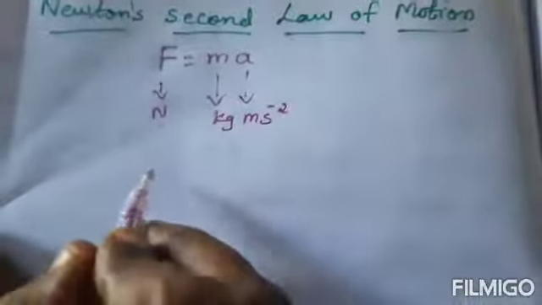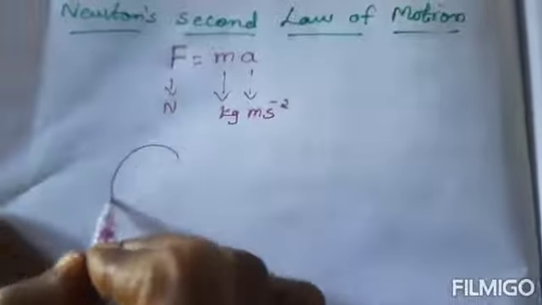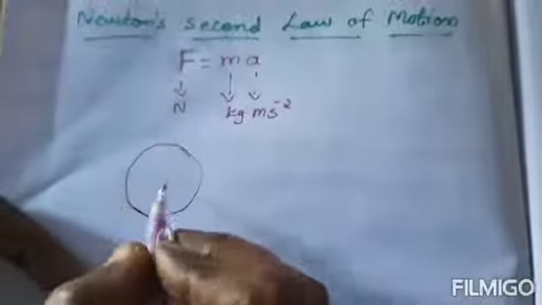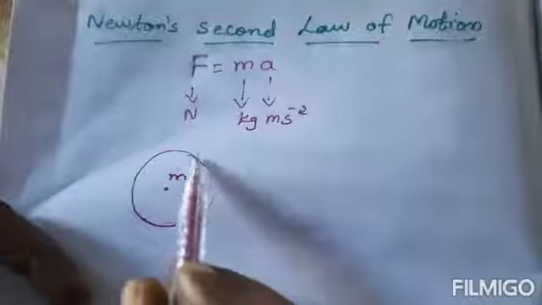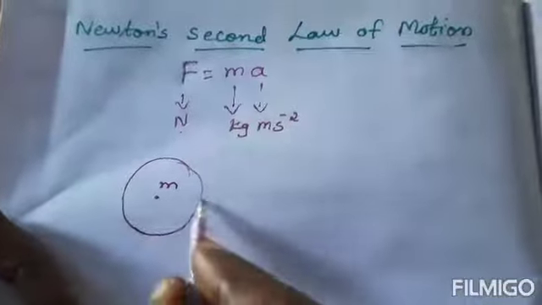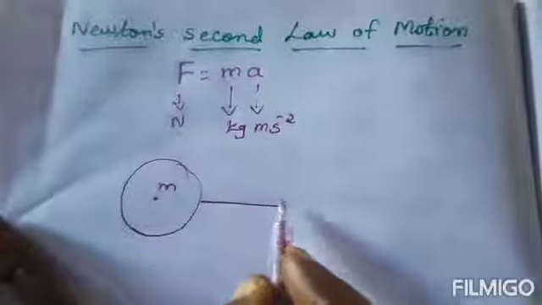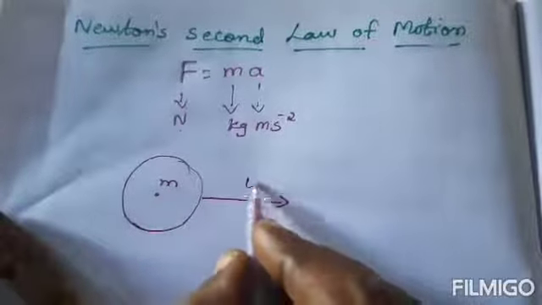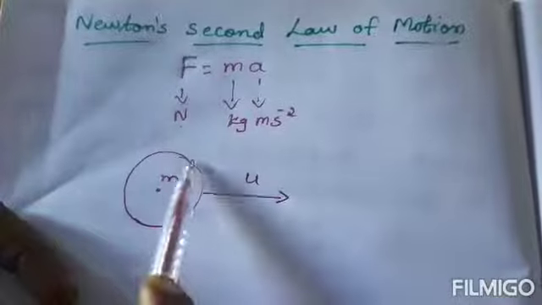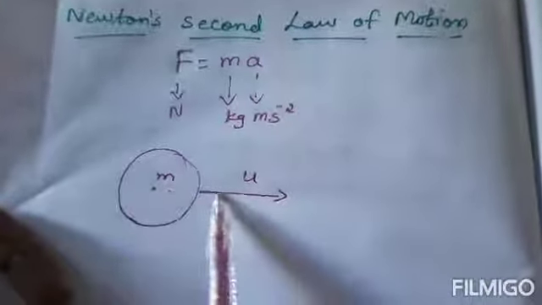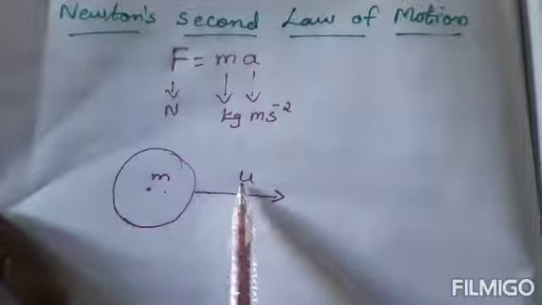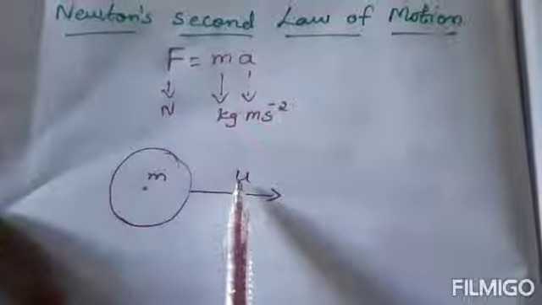Okay, first, let us consider an object of mass. Suppose this is the object. This object's mass is m. Let us consider the object of mass m moving in a straight line with a uniform speed, that is, initial speed u.